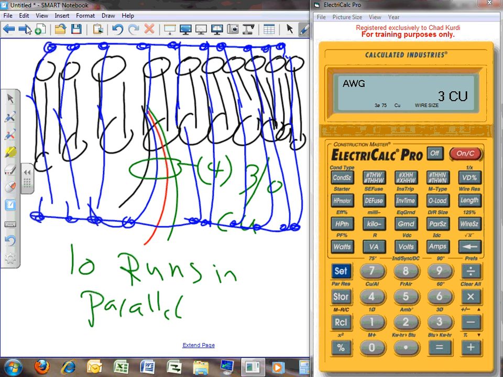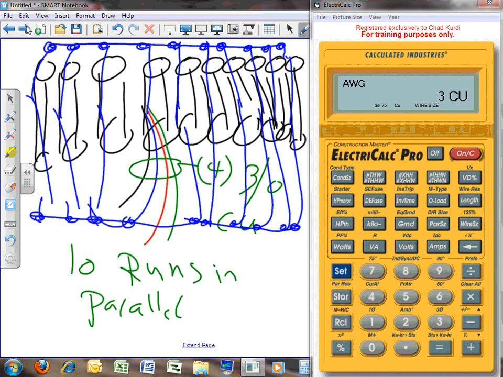The same type, we said the same length, the same size, the same type, the same insulation, and the same conduit. So when you're cutting the lengths, you have to account for the fact that you probably have slack in some and no slack in others. But you can be off, it doesn't have to be identical. You can be off by a foot or two, but you can't be off by 25 feet in one run.